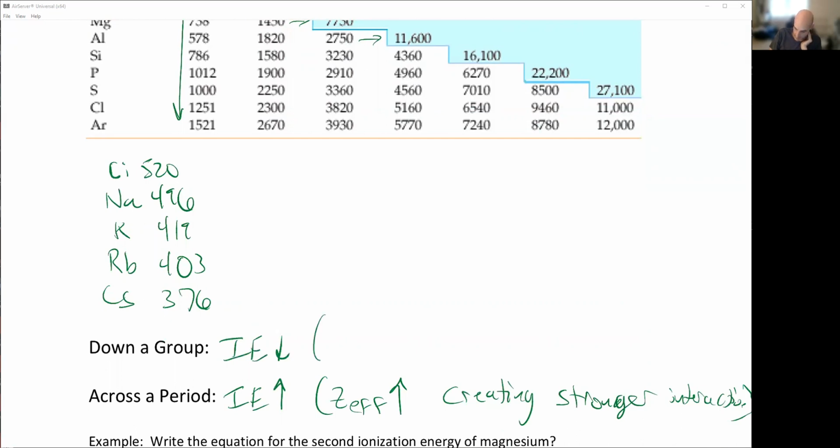Why is that? Electrons are higher energy and further from the nucleus. Their Z-effective, although it remains the same, they're further and further away. So it's much easier to get rid of because their n is larger. Increase in n, it's further away from the nucleus, is ultimately the reasoning behind that.